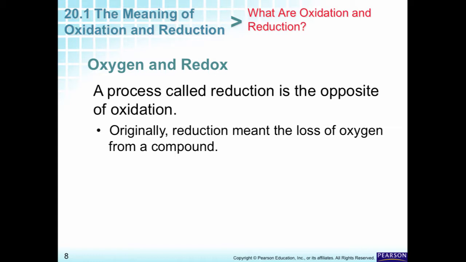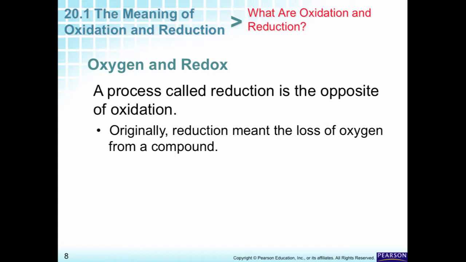As I said, reduction is the opposite of oxidation. Originally, reduction meant the loss of oxygen from a compound. So the loss of oxygen, because the oxygen was going to the other compound, oxidizing it, forming rust or in the fire. So whatever it came from was being reduced.